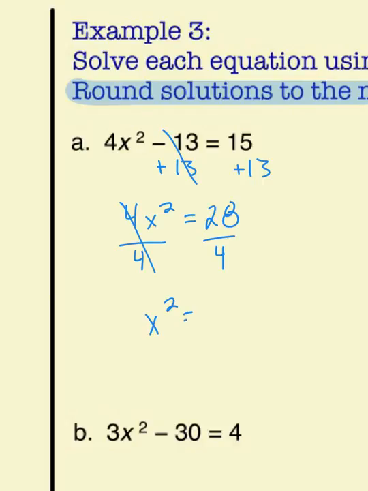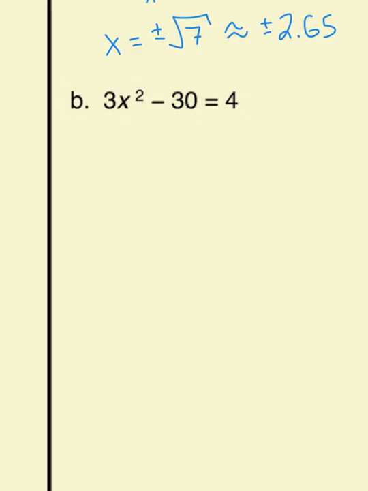I have x squared equals 28 divided by 4 is 7, which means that x equals the positive or negative square root of 7, which if we type into our calculator and round to the nearest hundredth, we're going to get about 2.65, which means x is positive or negative 2 and 65 hundredths.